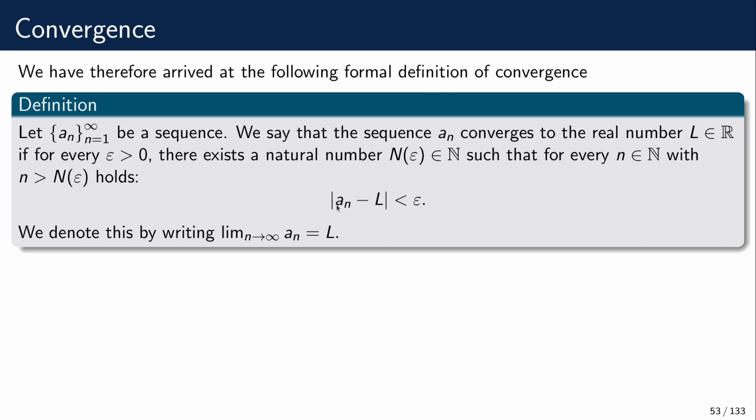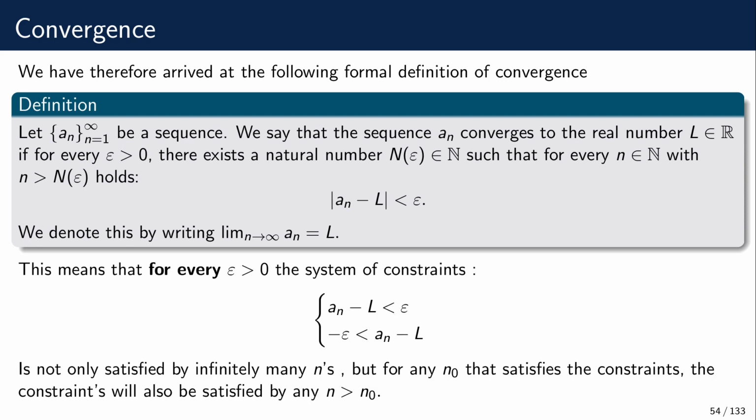If we were to replace this absolute value of the difference by any distance function, then we could define the notion of convergence in any metric space. Now, here specifically, we need to think of this again as when we will be proving by definition that a certain number is the limit of the sequence.